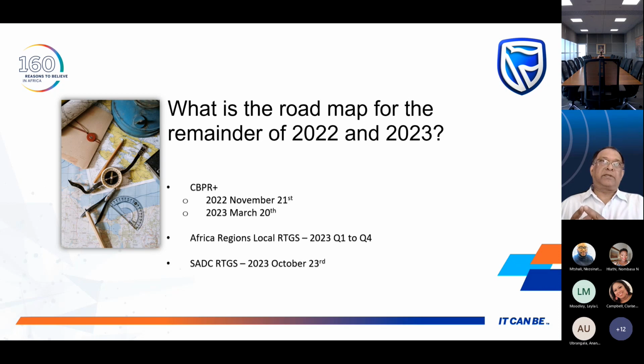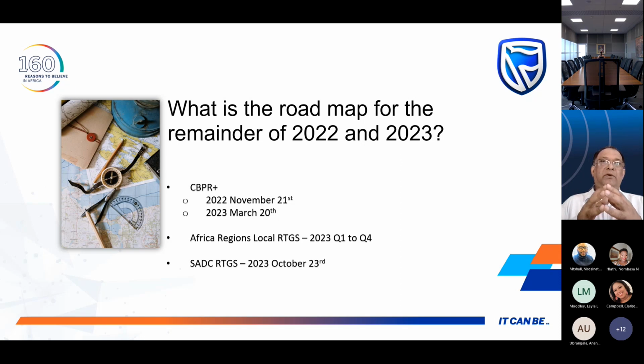CBPR Plus was and is the component around the cross-border aspect of ISO 20022. In South Africa, we had adopted the domestic ISO 20022 program. So domestically for rand, we are now fully 100% compliant around ISO 20022. All our messages around payments and settlements are now flowing in that regard.